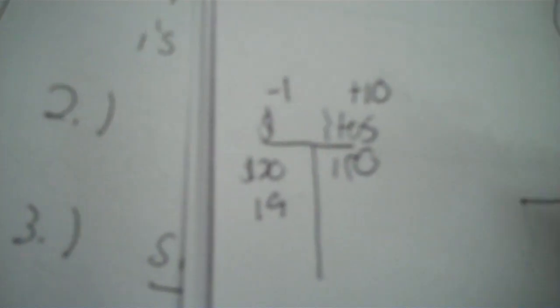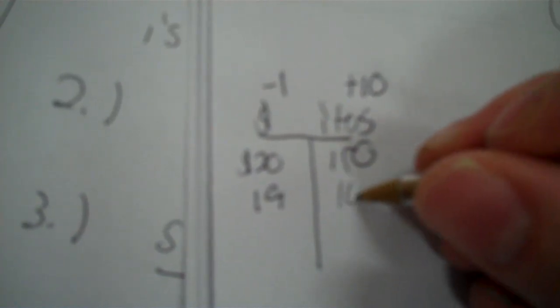So dollars is 20, the items is 150. Then $1 decrease in price: minus 1, and then plus 10. 20 minus 1 is 19. 150 plus 10 is 160. 18, 170. Okay, and that goes on, because see what's happening. You don't need to write these numbers down.